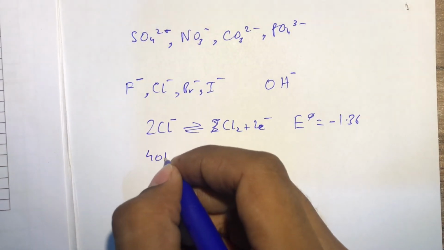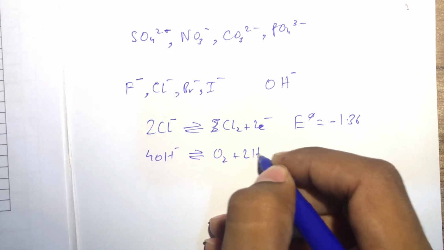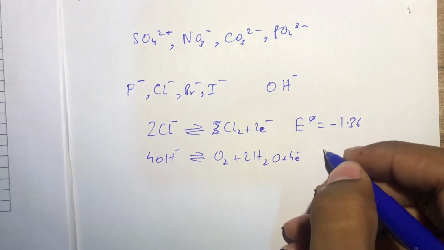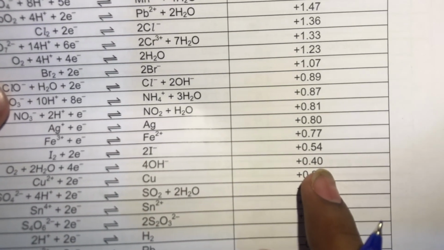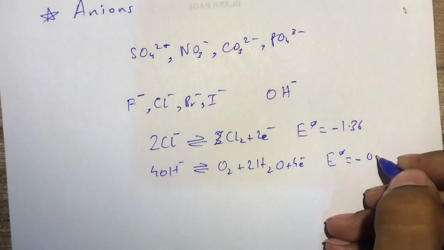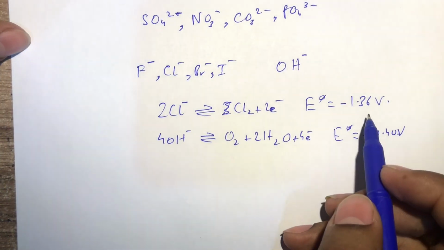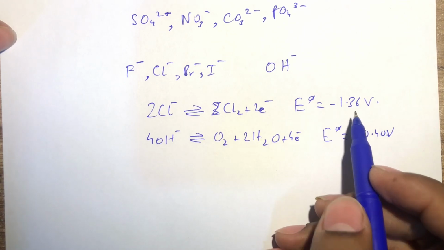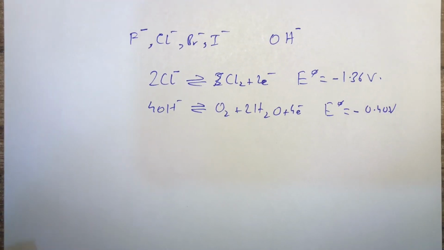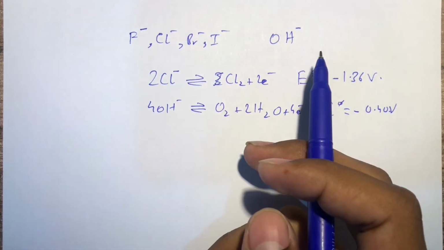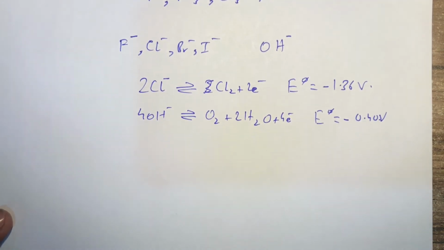So it's 4OH negative, reversible sign, O2 plus 2 water plus 4 electrons. E naught is equal to negative 0.4 now, because it's the opposite reaction. Now you can see that chloride is more negative, so it's easier to oxidize. That's why chloride will discharge first. This is how we can determine that halide ions discharge before hydroxide ions discharge before oxo ions, right?